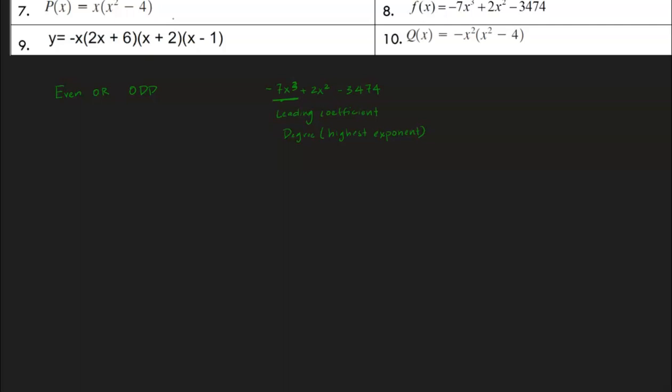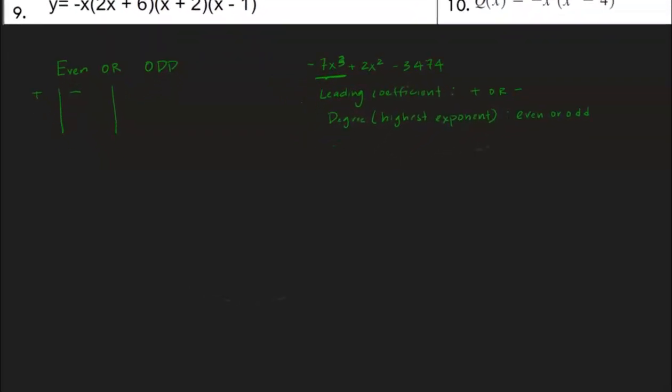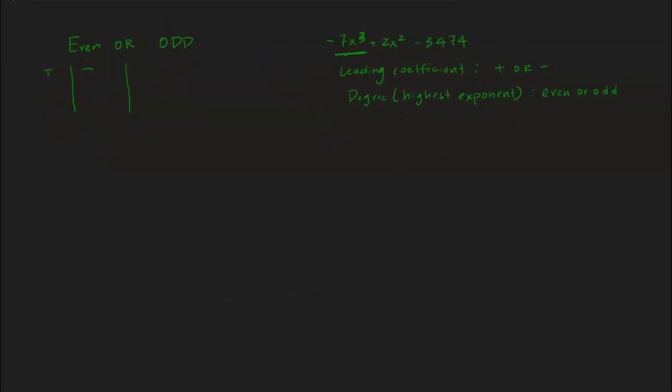Okay, leading coefficient is either going to be a positive or a negative. The degree is going to either be an even or an odd. So this is where you get it from, that highest exponent, even or odd. So an even could have a positive and it could be a negative.